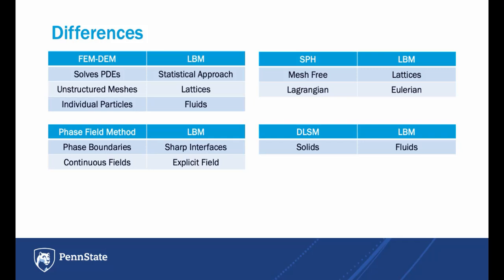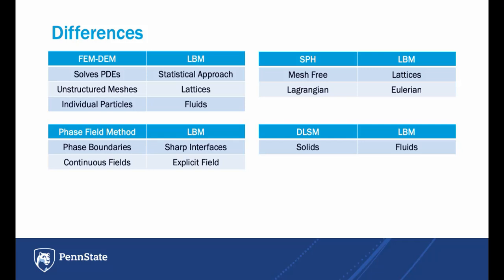For the differences between other methods and the Lattice-Boltzmann method, the finite element method solves partial differential equations on unstructured meshes, focusing on continuum mechanics. The Lattice-Boltzmann method uses a fixed lattice and statistical approach, avoiding direct partial differential equation solving.